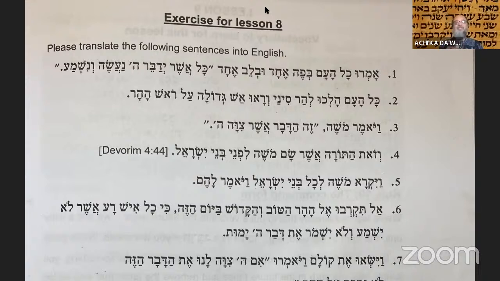Last one, I'll let you go after this because it says, Wayikra. Wa means and, Yeh means he, Kara. Kara means what? To proclaim. What and who proclaimed it? Moshe. To who? Lakal means what? To what? All. To all who?